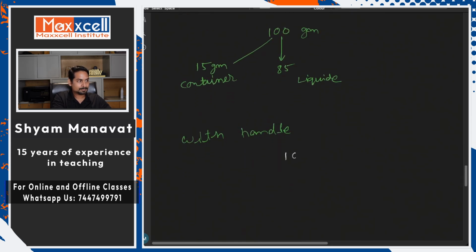Are you understanding this? So 5% of 100 is what? 105. Again, 15 grams is the container weight, 85 is the liquid weight. So the handle weight should be what? 5 grams. Do you agree with me? Yes, that is the handle weight.